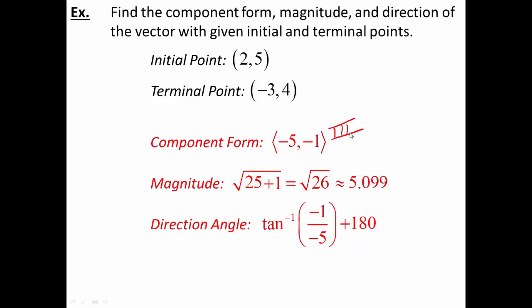If I'm in second or third quadrant, I got to add 180 to that answer in order to get an answer that makes sense. And that answer would be 191.309. Had I not made that adjustment, inverse tangent of 1/5 would have only given me 11-ish degrees, which makes no sense because I know from the component form that I'm in the third quadrant. So it's simply 11 degrees beyond 180.